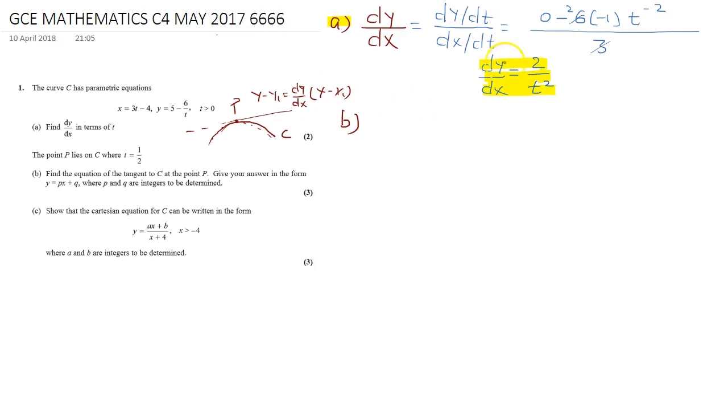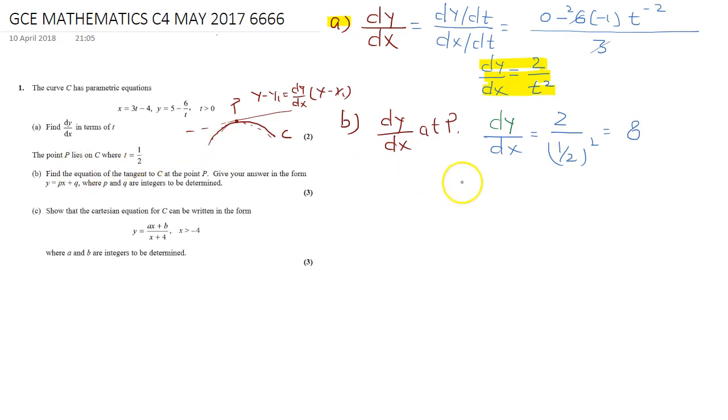First, let's find dy over dx at P. At P, t is equal to half. So dy over dx is 2 over half squared, so that is 8. This is the first thing we have got.